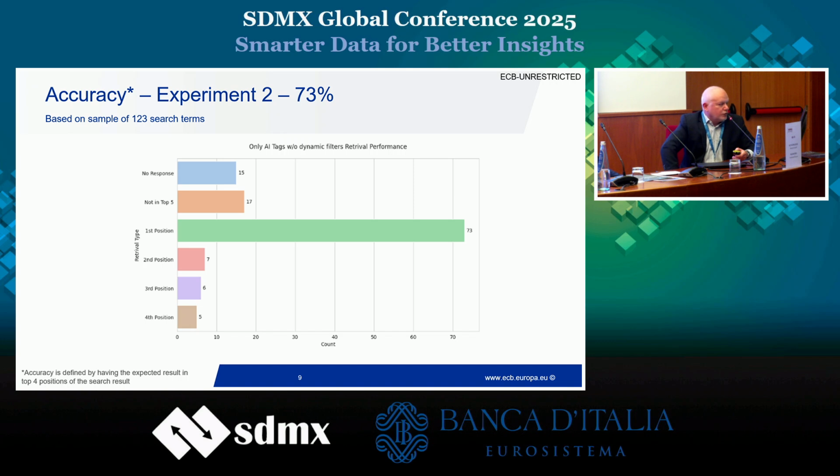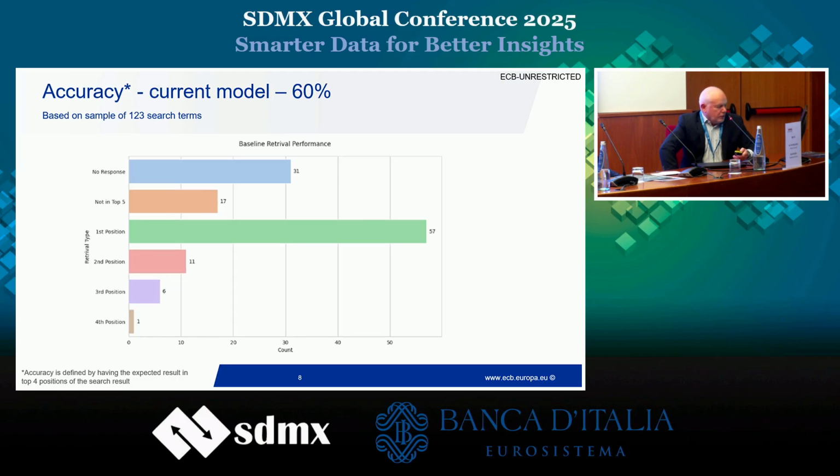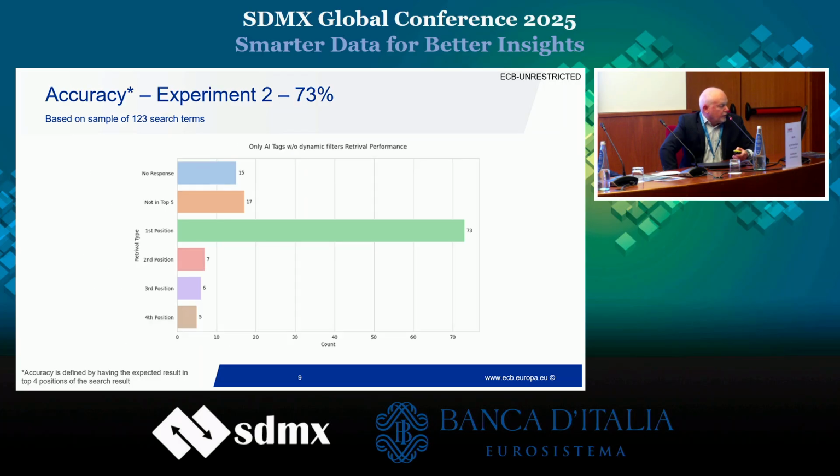Experiment 2 was the one where we added AI tags to see if that could improve the search. And it did improve. The first position with the current setup is 57, and with the AI tags it is 73, but we still have some results that give no response or are not in the top 5. So it's not efficient enough.